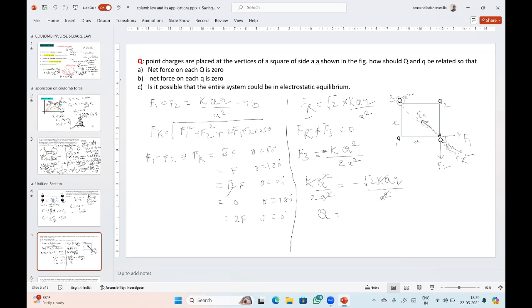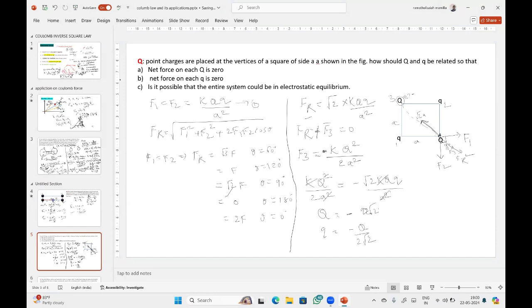Therefore Q is equal to minus Q into 2 root 2. Therefore small q is equal to minus Q by 2 root 2. So then only the Q is equal to minus Q by 2 root 2.